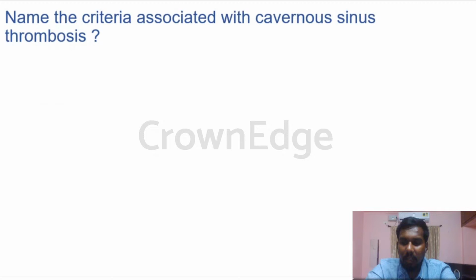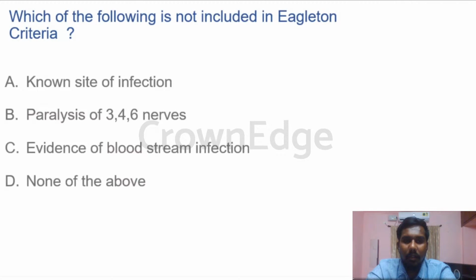There is one name. Yes, Ritu Bharti has answered it. It is called as Eagleton criteria. Okay. So what is this Eagleton criteria? We'll just go ahead. Because Ritu has told now it is called as Eagleton criteria.